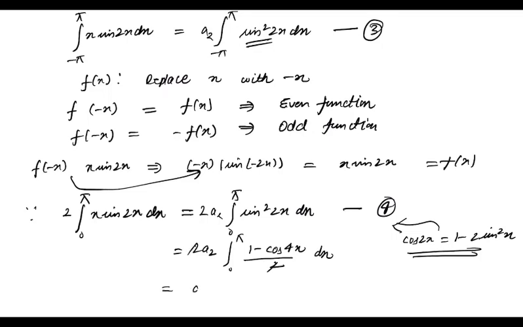So we are left with a2 times integral from 0 to pi of 1 minus cos 4x dx. So this is the integral which we need to solve.